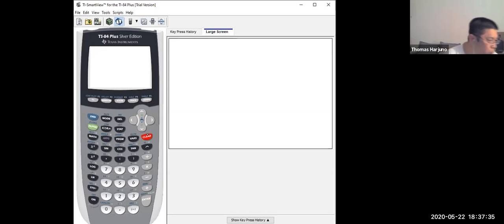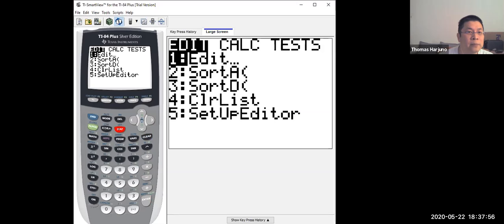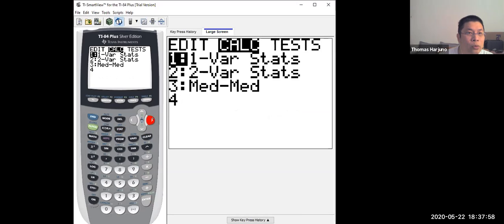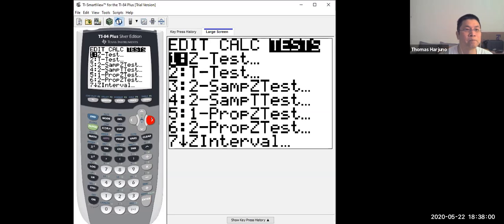Okay, now suppose we go over number 16 again, the last problem that we did. We want to do hypothesis testing on two population means with unknown sigma. So we will go to stats, go to test.